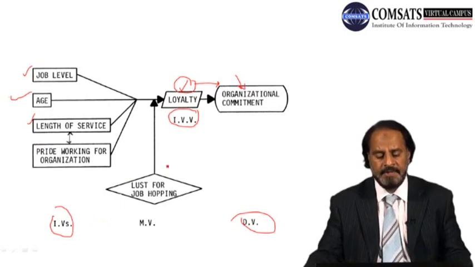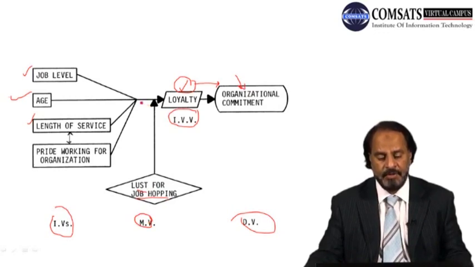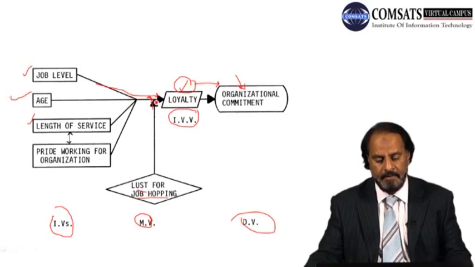Whereas he's discussed that people who keep on job hopping or have an adventurous nature, for them, he's saying this is considered a moderating variable. He says all these relationships are affected by this variable.